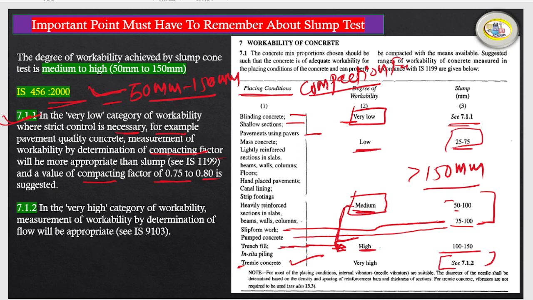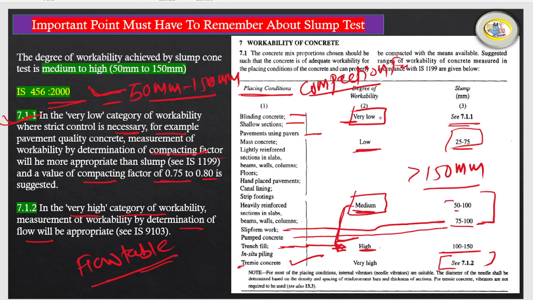7.1.2. So in the very high category of workability, for measurement of workability by determination of flow, the flow table test we have to use. Okay, so what the IS code says is, to achieve the very high degree of workability, we have to use the flow table test. So this is about the slump cone test in the IS code.